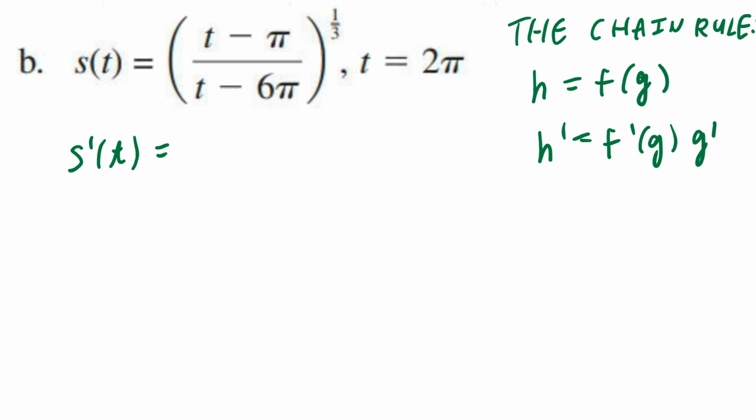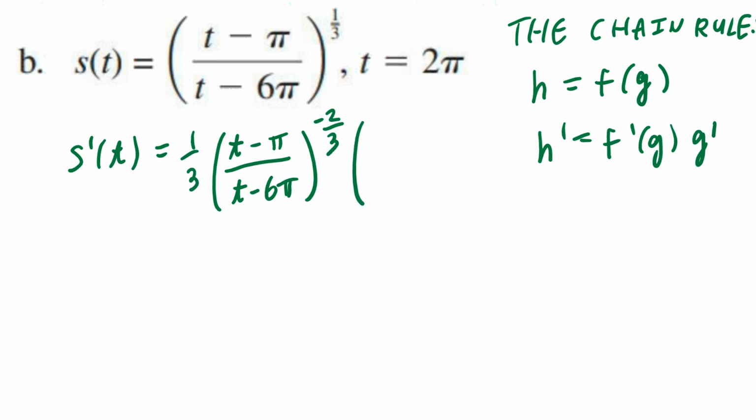So in this case, you're going to bring 1 over 3 to the front. You're going to copy t minus pi divided by t minus 6 pi to the power of 1 over 3 minus 1, which is negative 2 over 3, times the internal derivative.